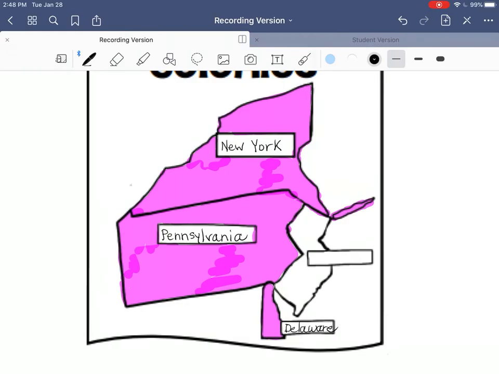And you may remember just to the north of that is New Jersey. So here is New Jersey sitting right up here at the top. So New Jersey is east of Pennsylvania. It's north of Delaware. New Jersey.